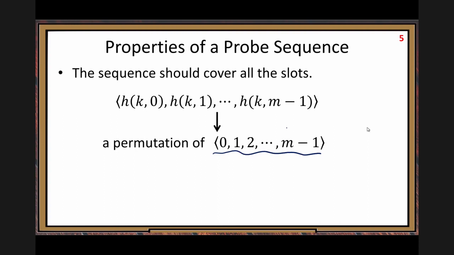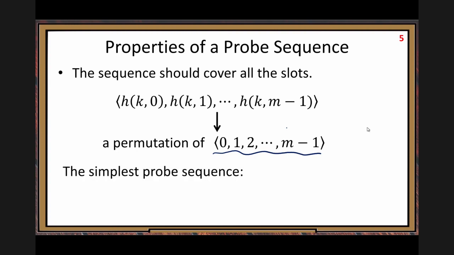The slot location indexes. Let's say for slots we use their natural indexes, 0, 1, 2, up to n minus 1. It should be a permutation.